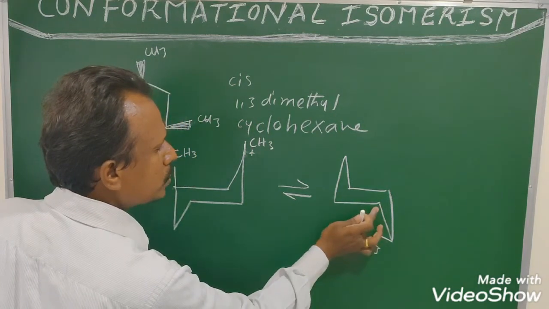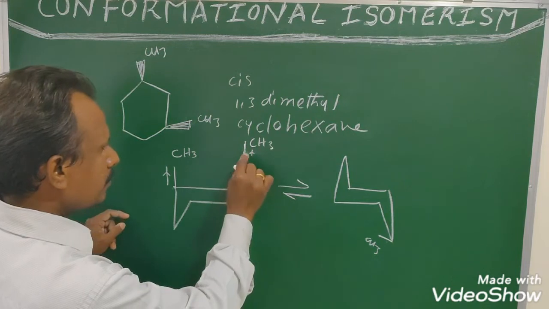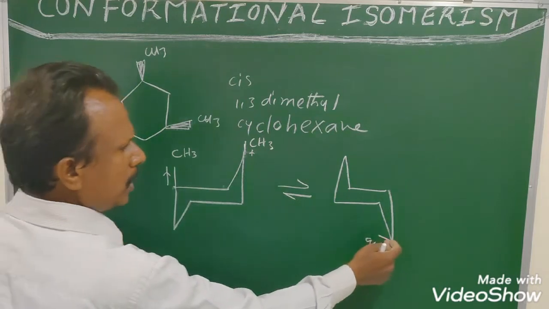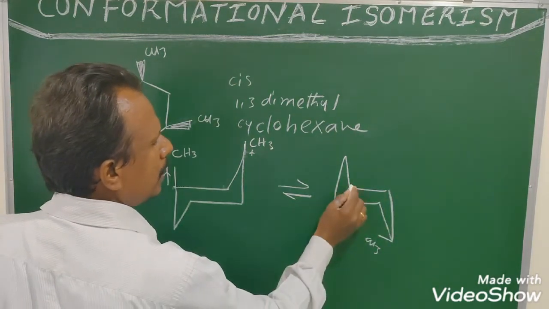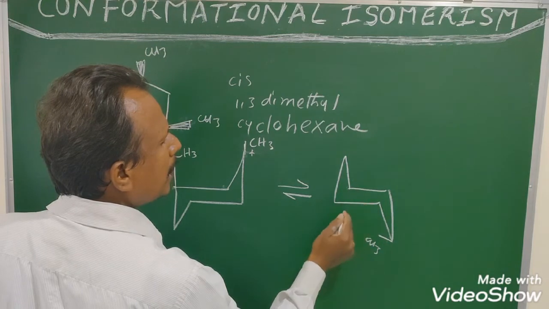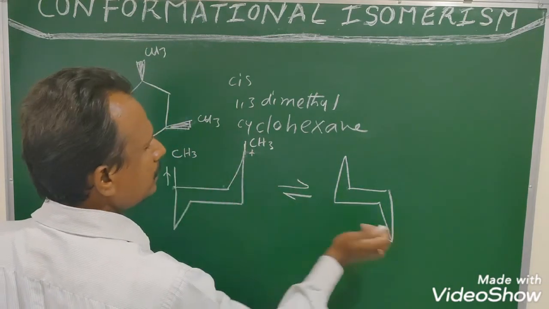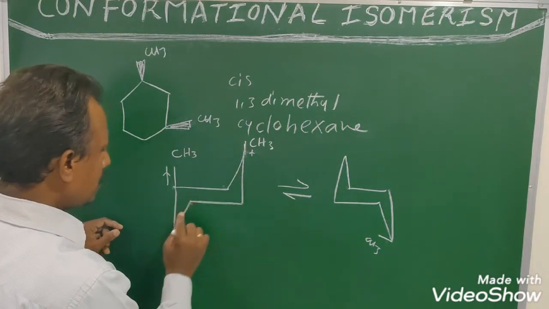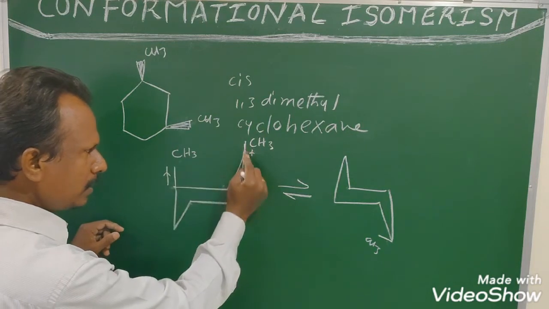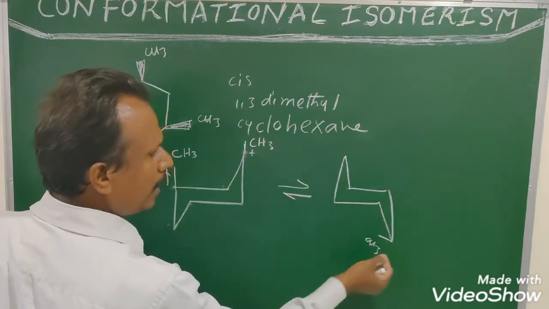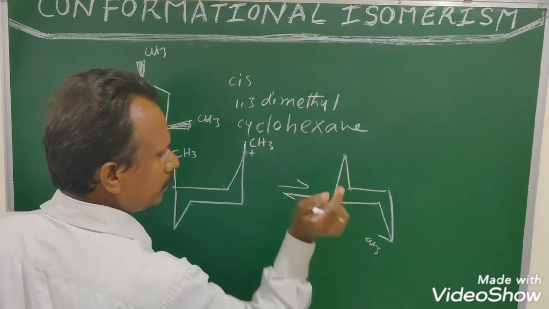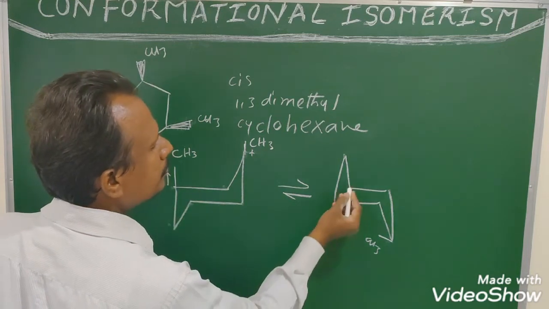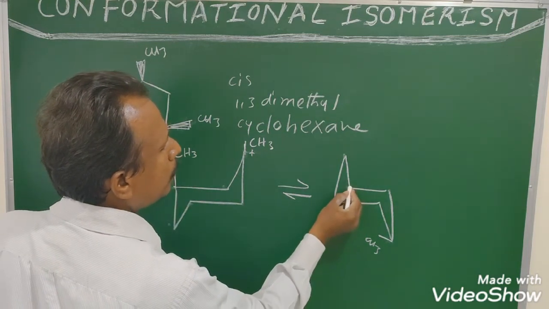It is 1, 2, 3, or anticlockwise 1, 2, 3. It occupies the equatorial location. Here this axial methyl is converted to equatorial. In the clockwise direction it is 1, 2, 3, 4, 5. It is the equatorial position.